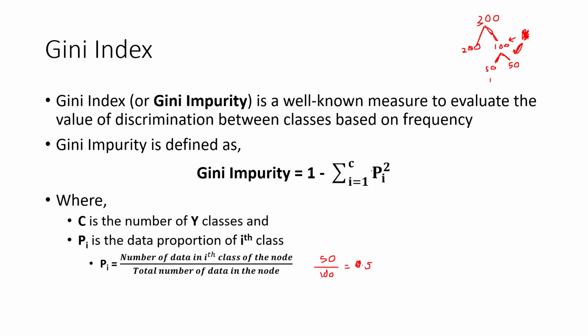Similarly, you can calculate the impurity based on the proportion of each particular class for all the data points given, right? So how do you intuitively understand this Gini impurity?